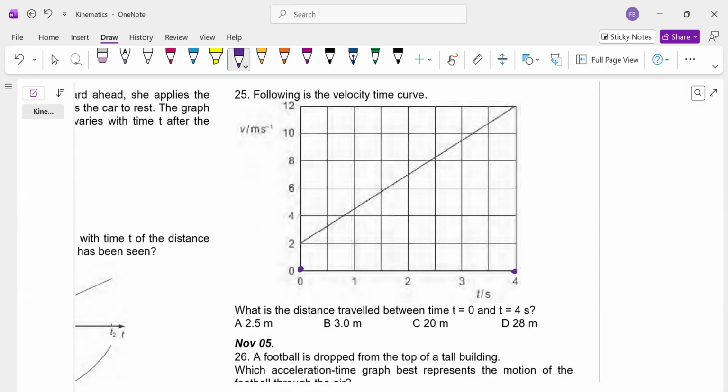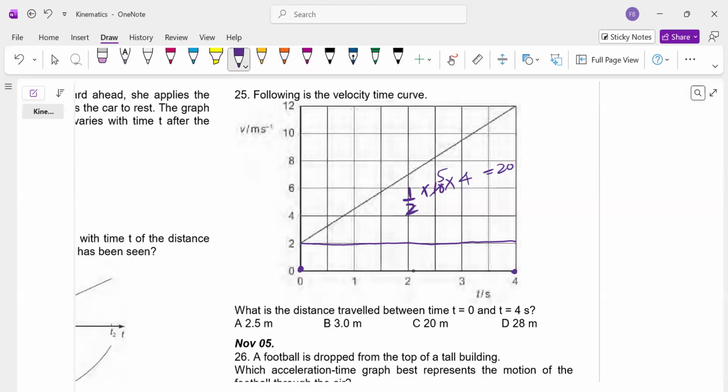Over here you have two things: this triangle and this little rectangle. So it will be half into 12 into 28, I think. 12 plus 2, into 4, that is 10 into 4, which will be 20.